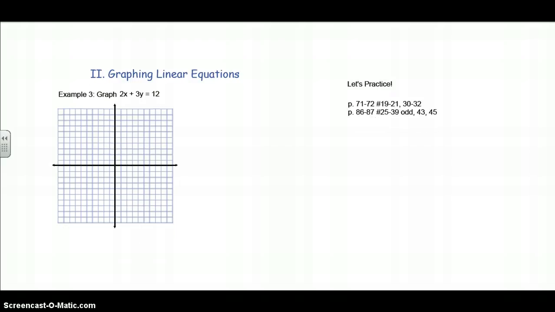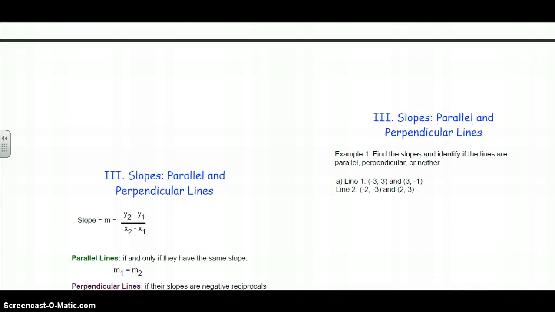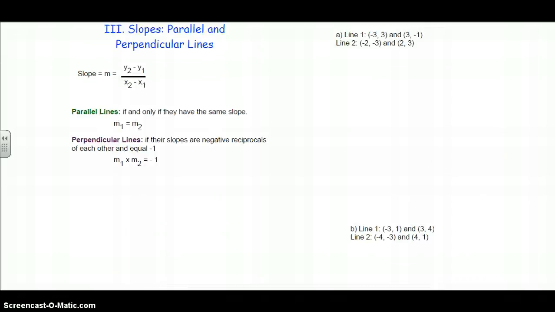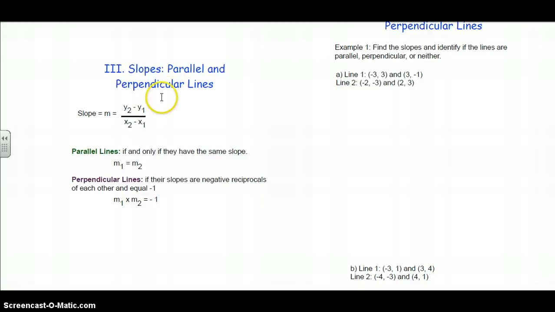So here's another example, but let's skip ahead to slope, parallel, and perpendicular lines. So make sure you know this formula for slope. m equals y2 minus y1 over x2 minus x1. Lines are parallel if and only if they have the same slope.